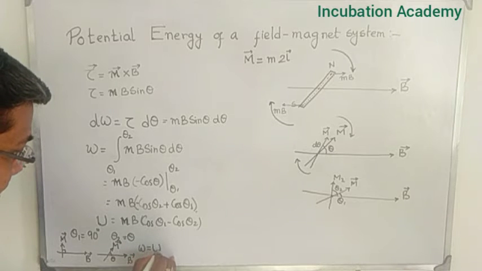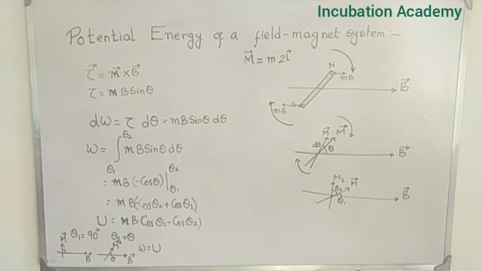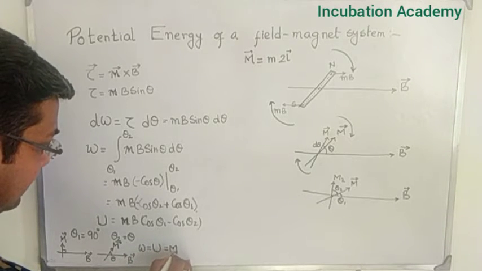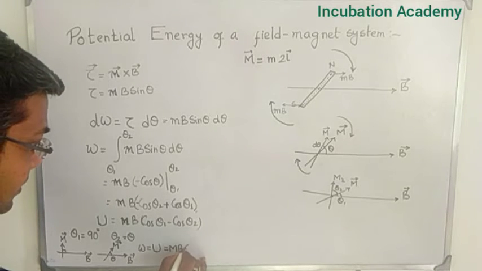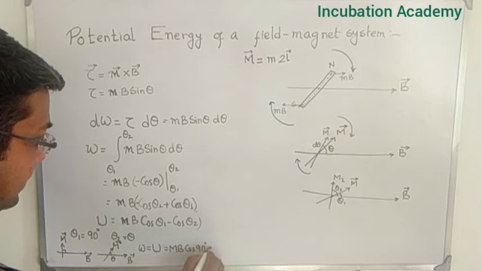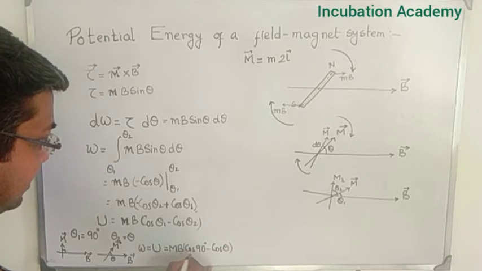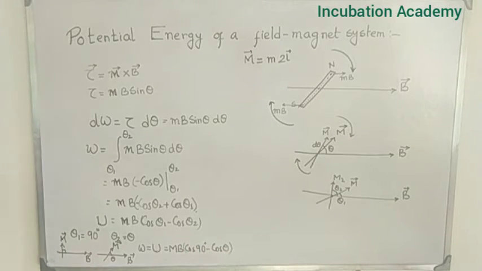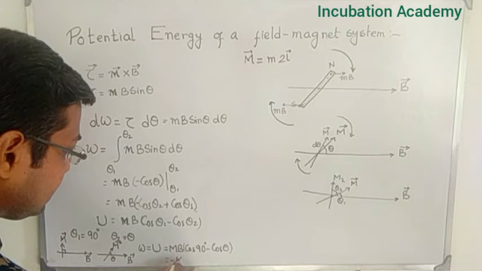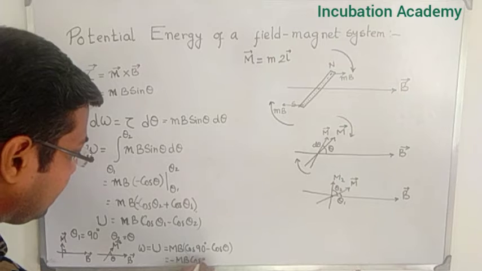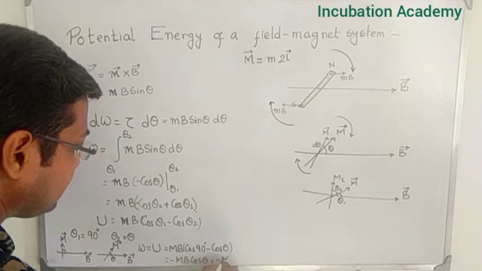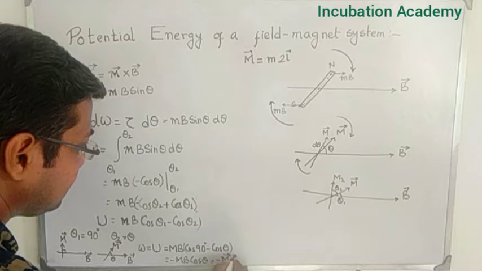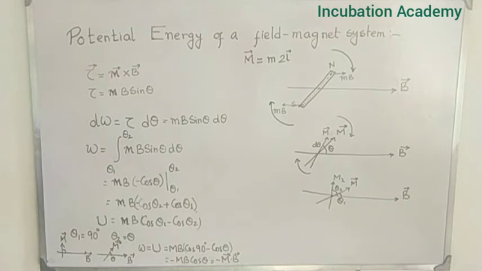So the work done, or the potential energy stored within this magnet, is MB times cos 90 degrees minus cos theta. Cos 90 degrees is 0, so it becomes minus MB cos theta, that is minus M vector dot B vector. So this is the expression of the potential energy of a field magnet system.